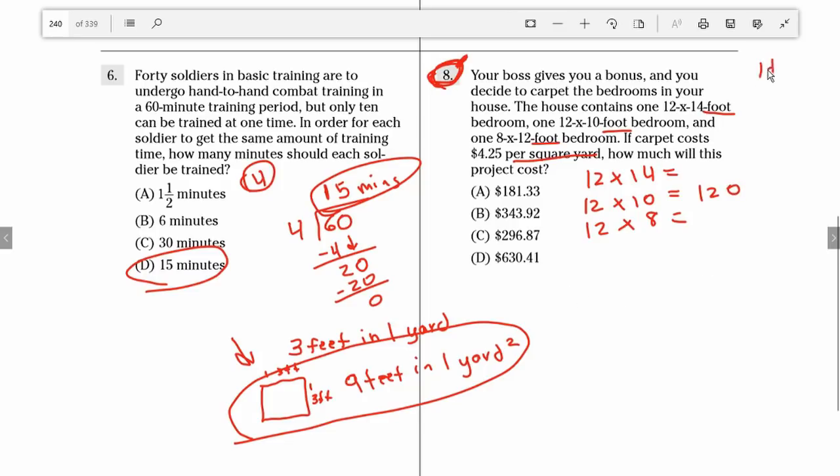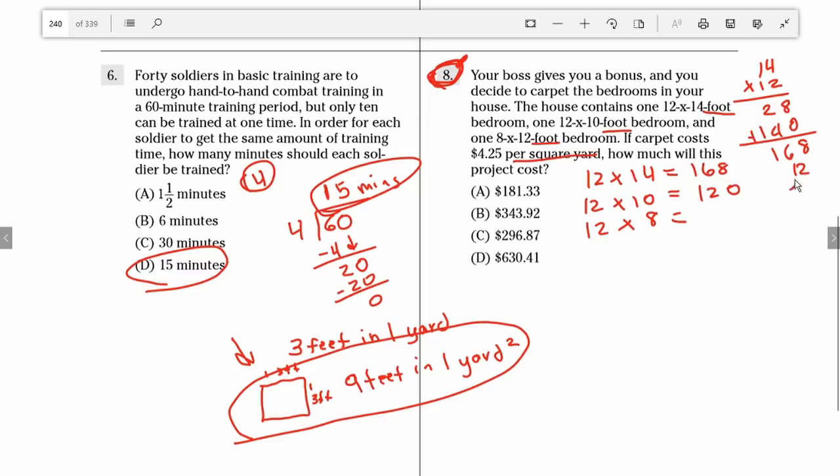Again, 14 times 12. 4 times 2 is 8. 2 times 1 is 2. Drop down to 0 since we're starting a new row. 1 times 4 is 4. 1 times 1 is 1. Let's add. 8 plus 0 is 8. 4 plus 2 is 6. 1 plus 0 is 1, so we know this is 168.